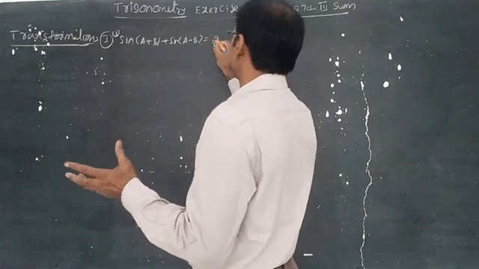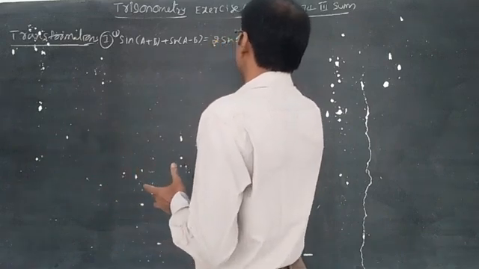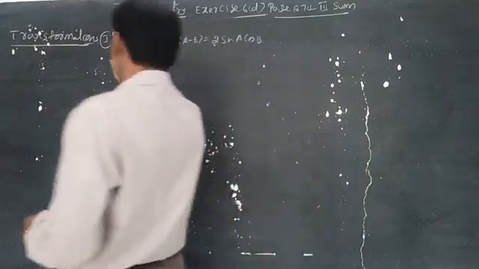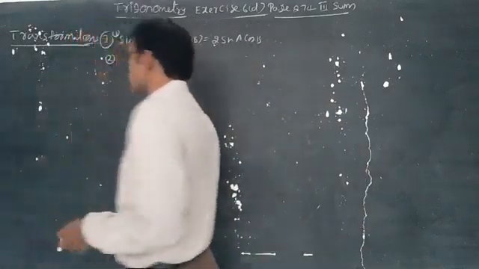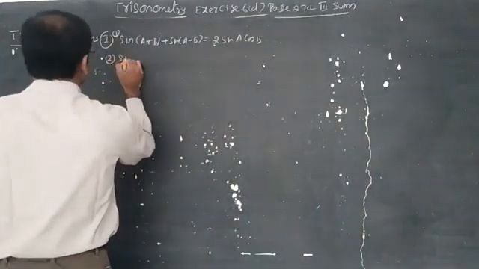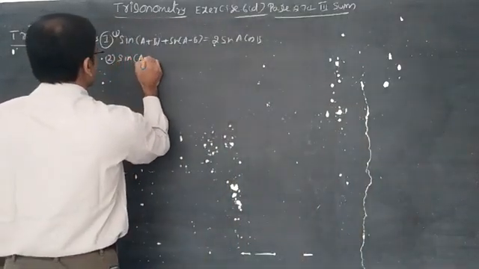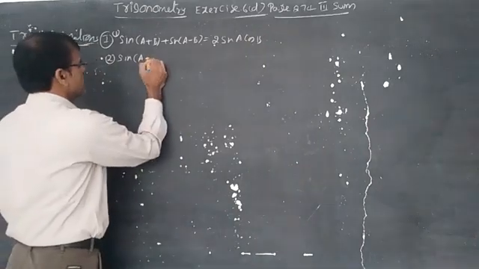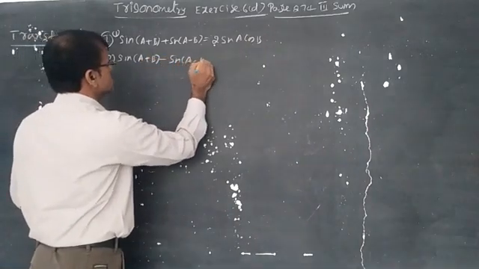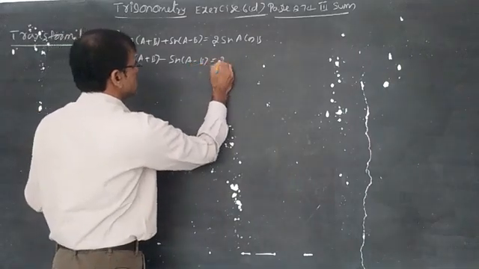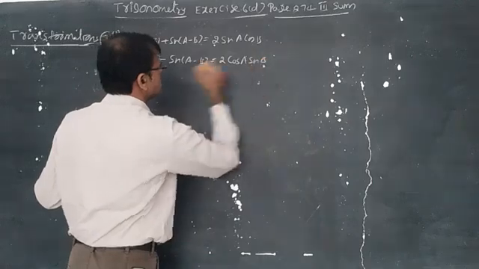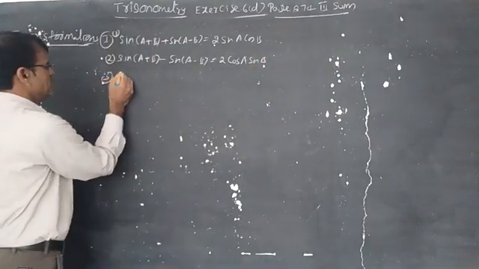If we add all the formulae, you can get the result as 2 sin a cos b. This is the formula you should remember. You should not forget all the formulas. Sin of a plus b plus sin of a minus b is 2 sin a cos b. Next one, sin of a plus b minus sin of a minus b is equal to 2 cos a sin b.